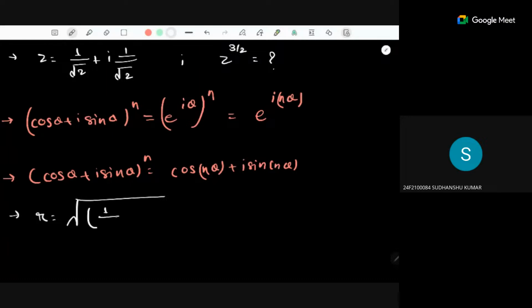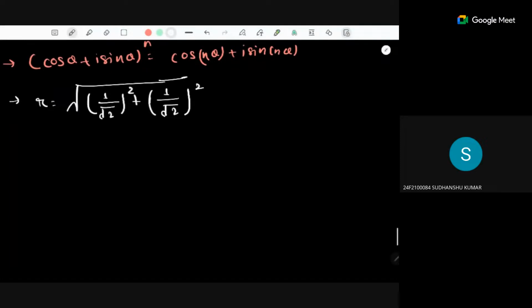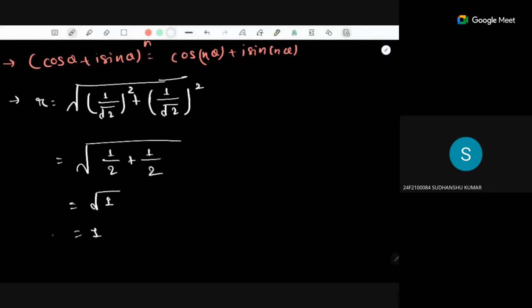So we have 1 by root 2 the whole square plus 1 by root 2 the whole square, which is the same as the root of 1 by 2 plus 1 by 2, and this is nothing but root 1, which is 1 only. So we get that the value of r is 1.